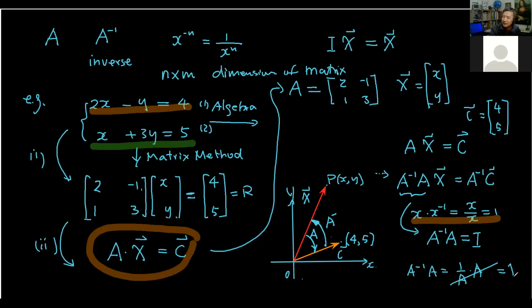Of course, this is not strictly correct, but it makes sense. If you really want to know why this product gives the unit matrix, you just use the algebra analogy and compare with algebra operation.